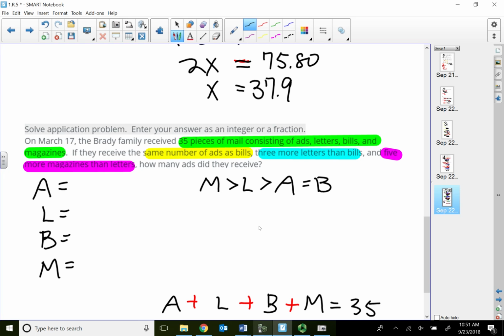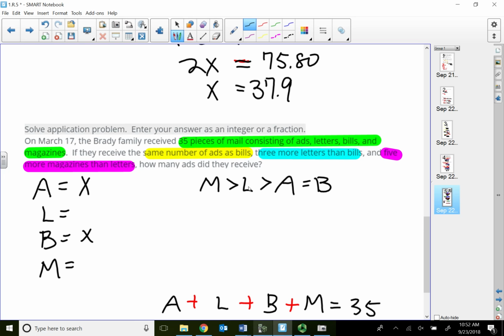Once I know who is the smallest, we let the smallest one be x. Since the ads and bills are an equal amount, both of these items are going to be x. Let's translate for the next greater one, which is letters.